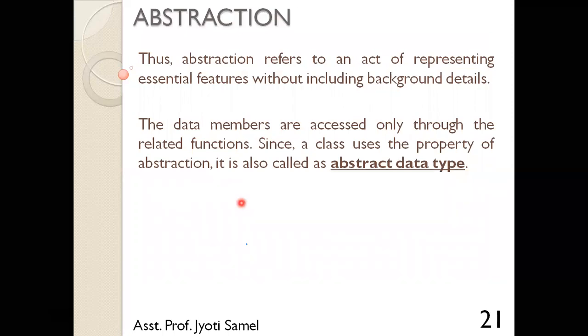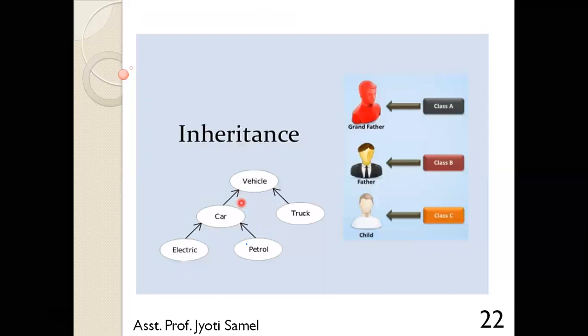Thus, abstraction refers to an act of representing essential features without including the background details. The data members are accessed only through the related functions. Since a class uses the prototype of abstraction, it is called an abstract data type.